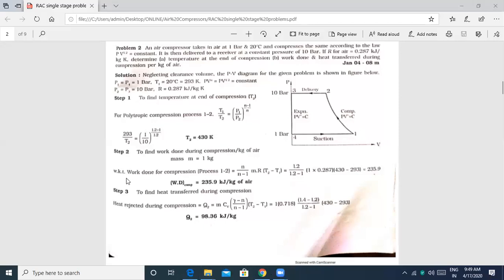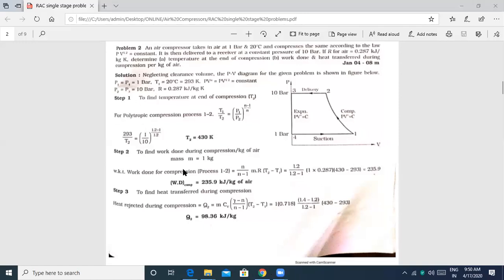So the heat transfer during the compression, you studied in basic thermodynamics, is Q equals delta U plus W. That is the first law of thermodynamics. Q equals delta U plus W, where Q is heat transfer, delta U is change in internal energy, and W is work done. That is the first law of thermodynamics you studied in basic thermodynamics.